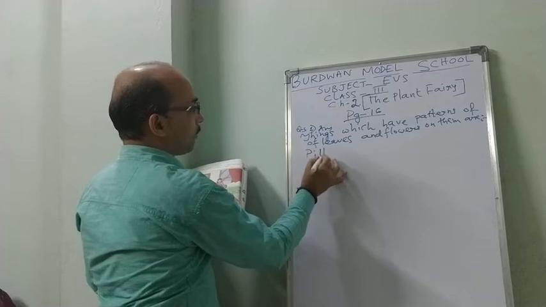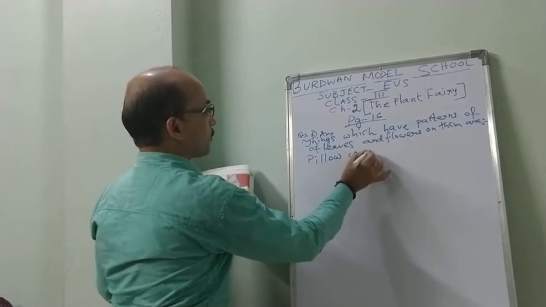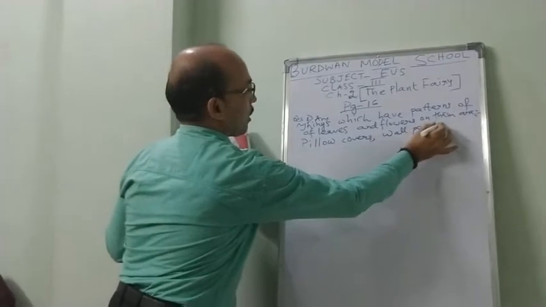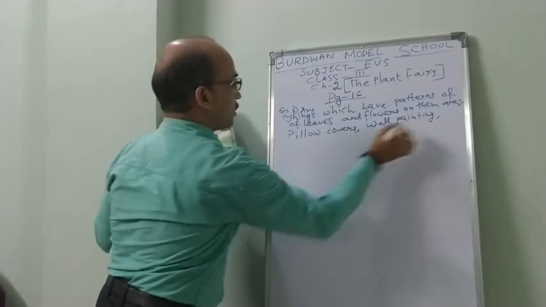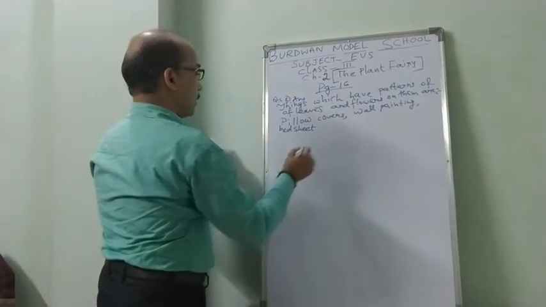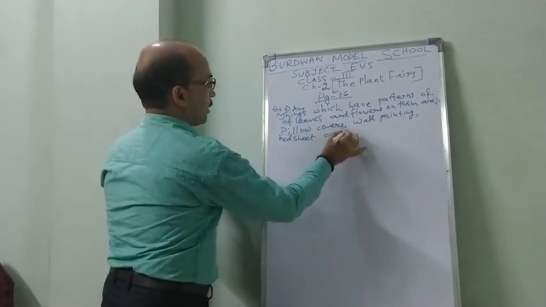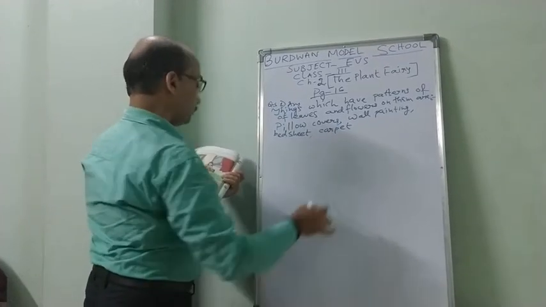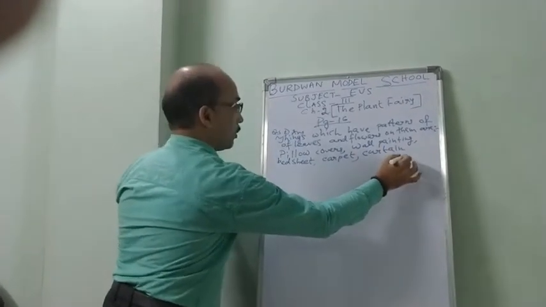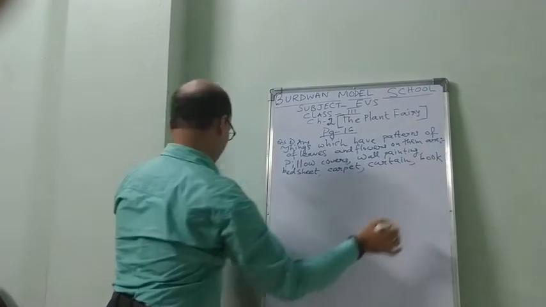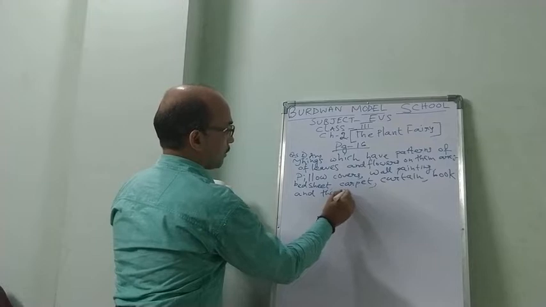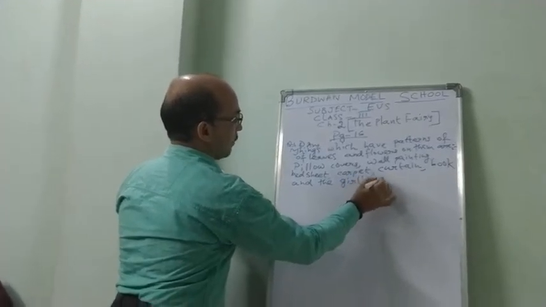There are pillow covers, wall painting, bed sheet, carpet, see at the floor, carpet, curtain, book, and the girl's pant.